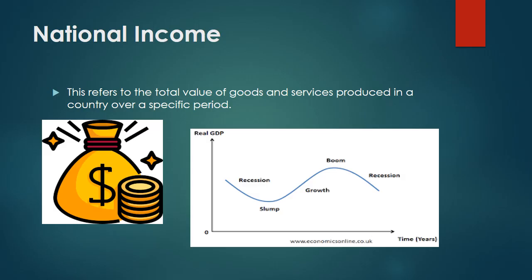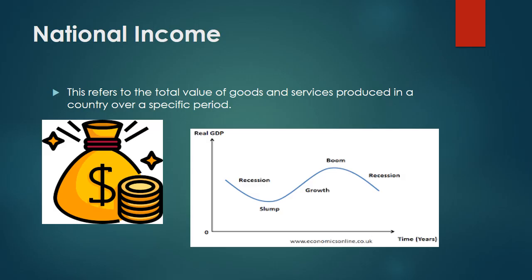A recession can come back. So national income focuses on GDP and productivity, and it also examines how income is generated, distributed, and measured. National income and output help us answer if the economy is growing or shrinking.